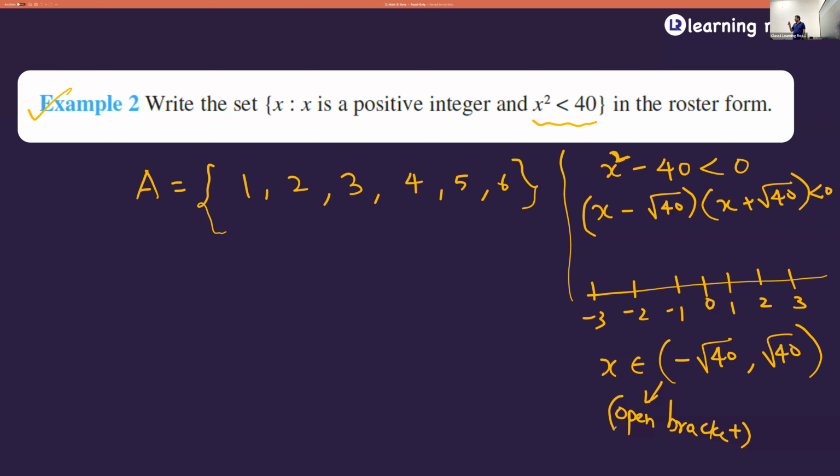You read it as x belongs to minus root 40 to root 40. That's it. See, actually, x can take, according to this, x can take those values. According to this, you should take only positive values. So it is basically intersection. You have learned intersection, right? Basically, intersection means I need to take the values common to both.